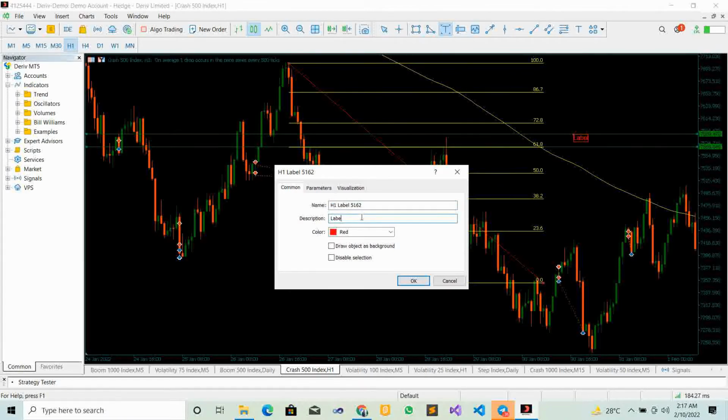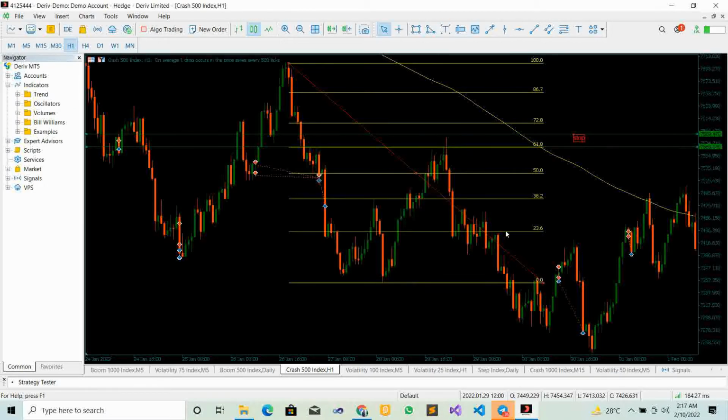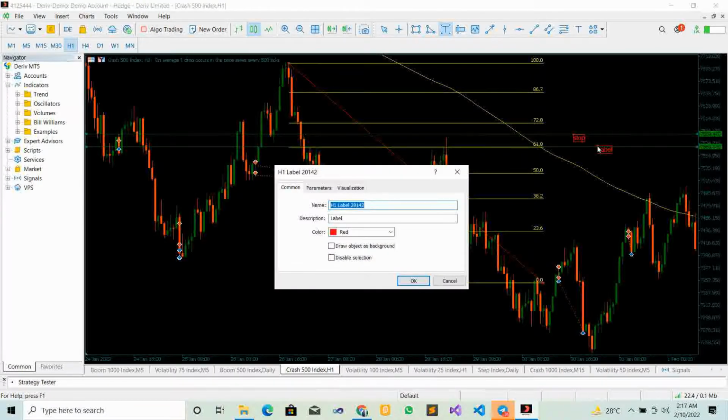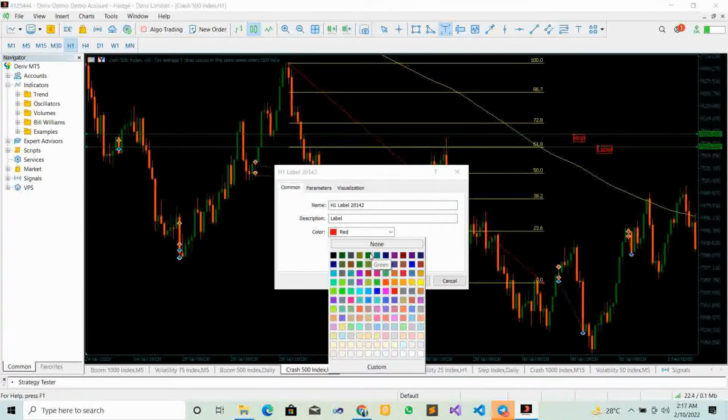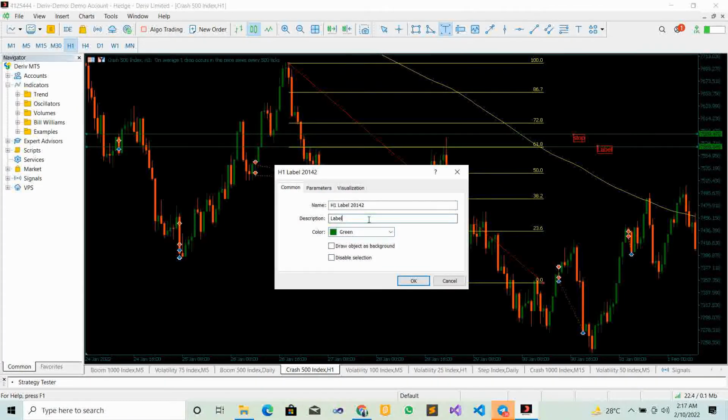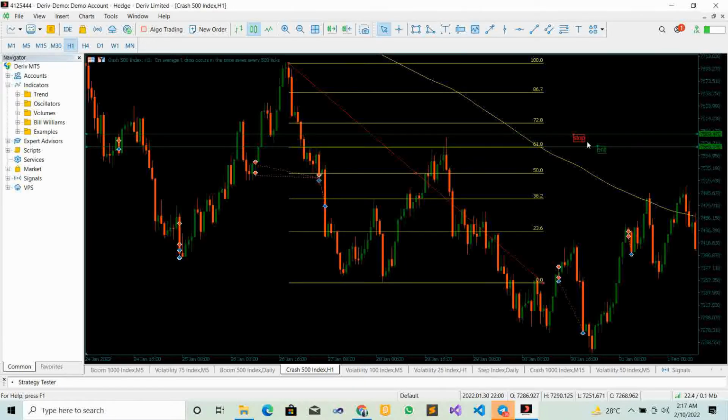Right here will be your stop, and here is your entry. I'll change the color to green. I'll just indicate it as ENT. Here is your entry, and here is your stop.